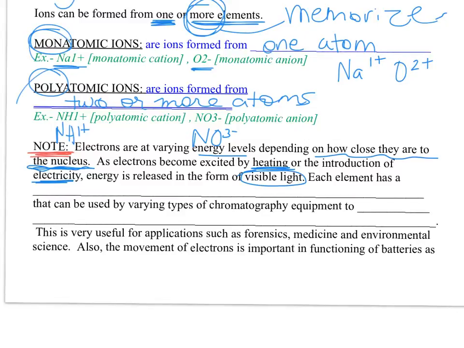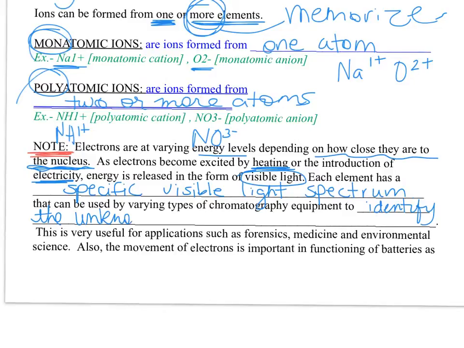So each element has a specific, please don't say Pacific, I hate it when people say that, specific visible light spectrum that can be used by different types of chromatography equipment to identify the unknown elements and compounds.